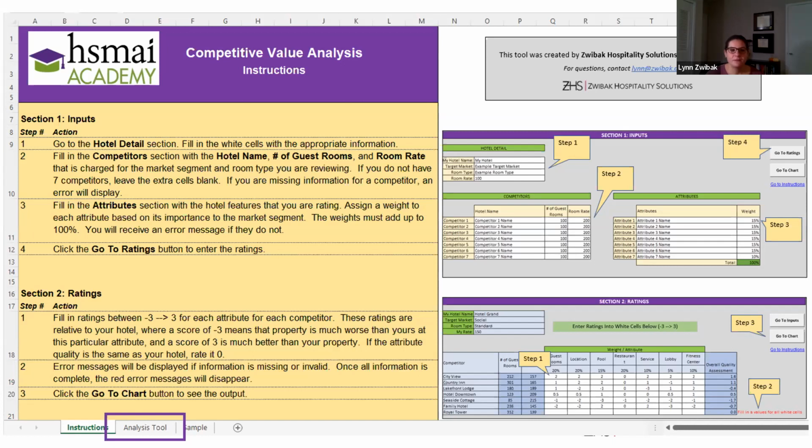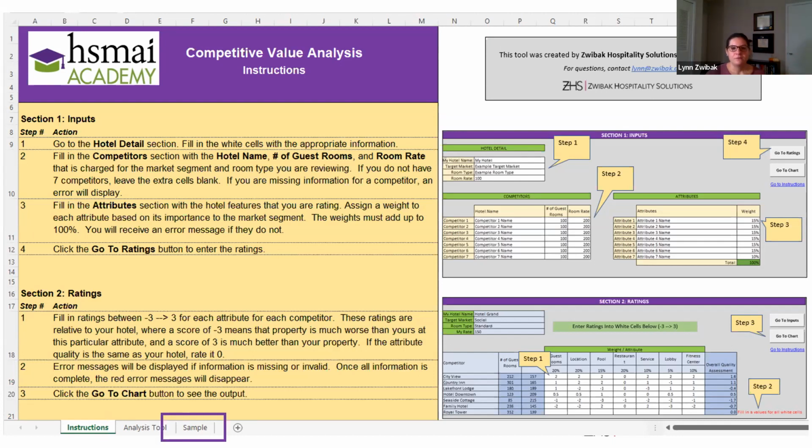There's navigation buttons. These are screenshots from the different sections. So you can click on the buttons to move throughout the sections, or you can just scroll, frankly. And there is error checking built in. So if you enter something that the tool doesn't like, that doesn't fit in with the formulas, you'll get a message telling you what you need to do. You'll see what I mean in a moment.